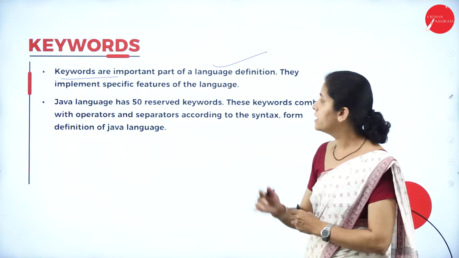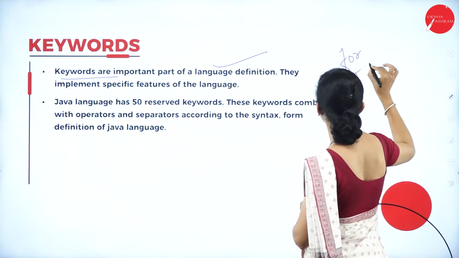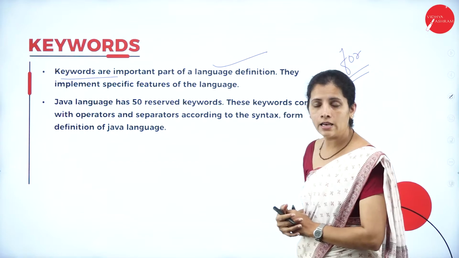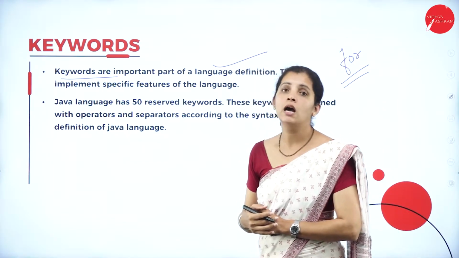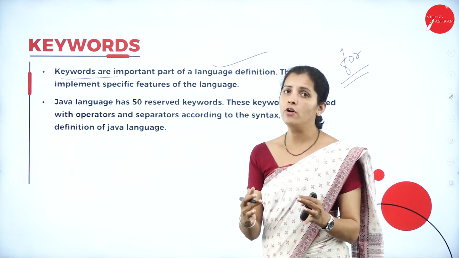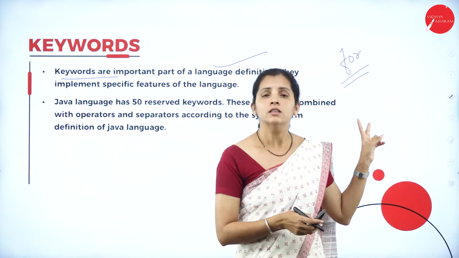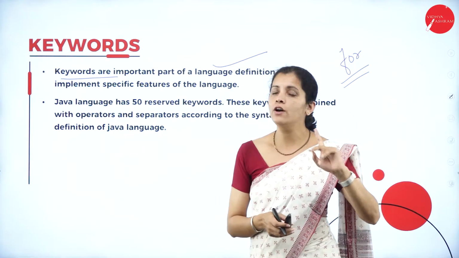For example, if I consider for, this is my keyword, and if I want to use iteration or looping in my program, then I can use a for loop. Now tell me, what is the need or necessity of a for loop?